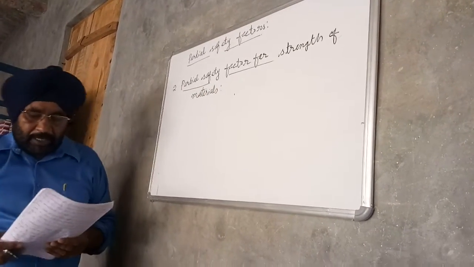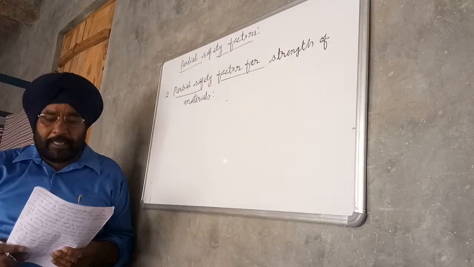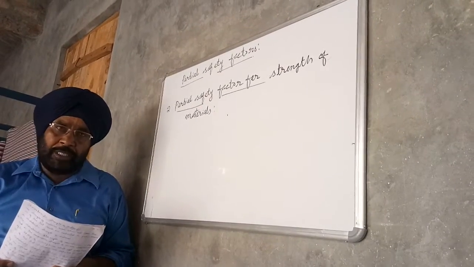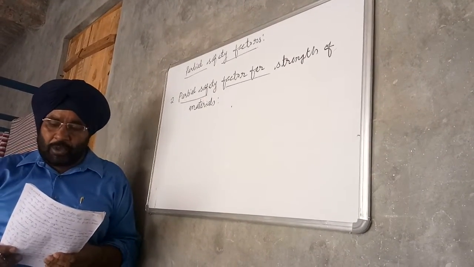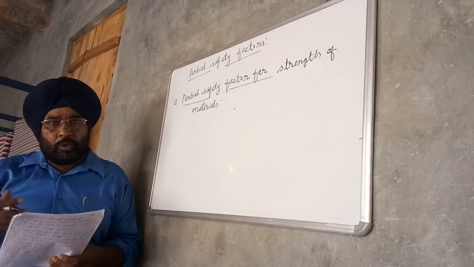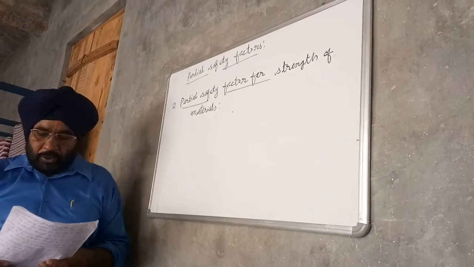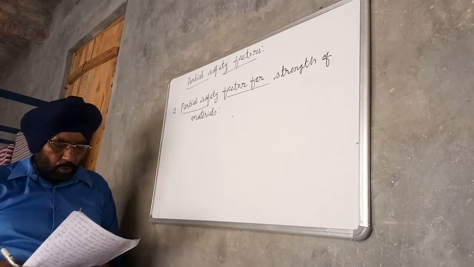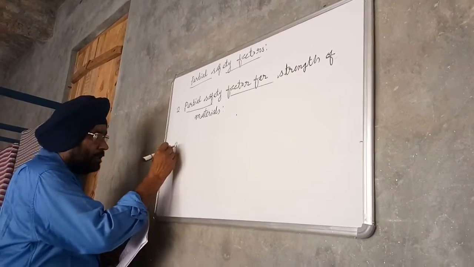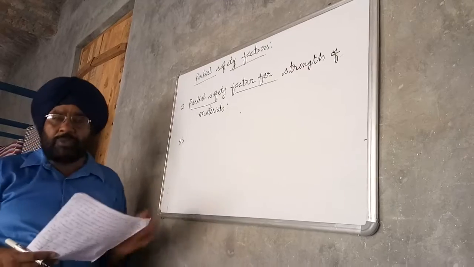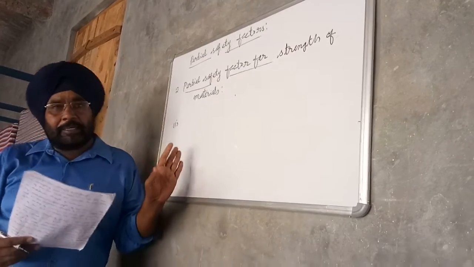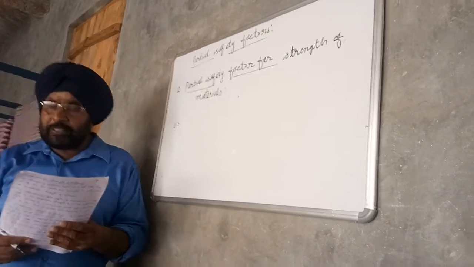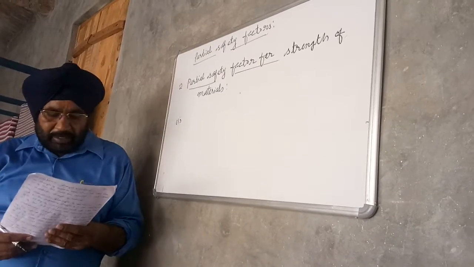So the partial safety factor for strength of material is the factor by which the characteristic strength of the material is divided to get the design values. It takes into account, first, the possible difference between the strength of the material in the actual structure and the strength obtained from the test specimen.